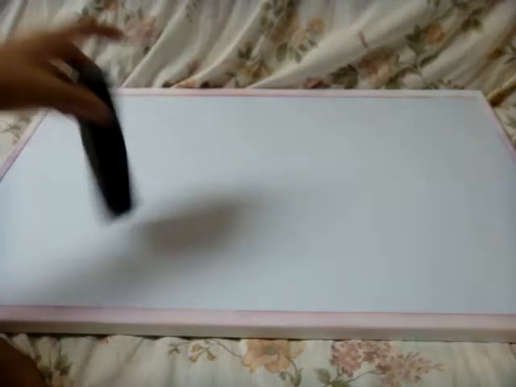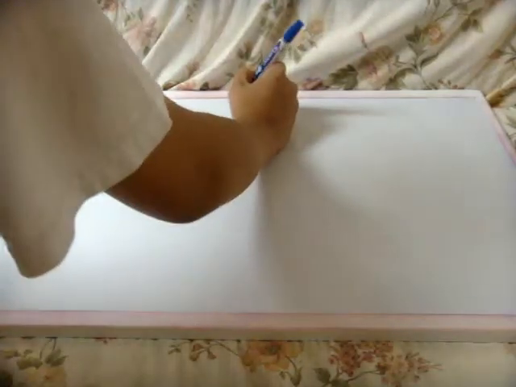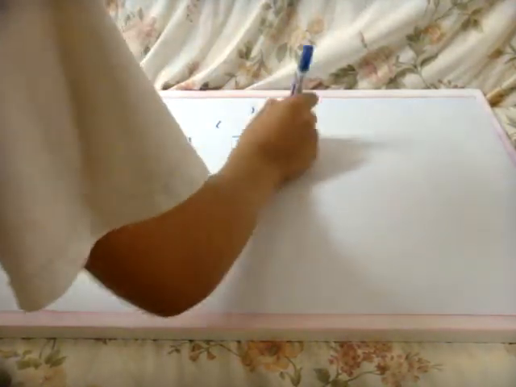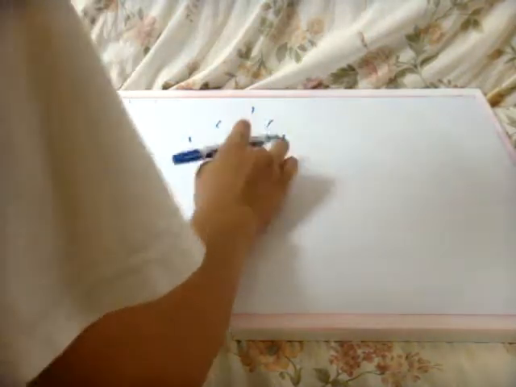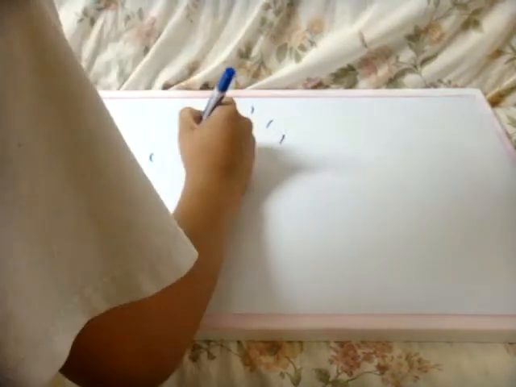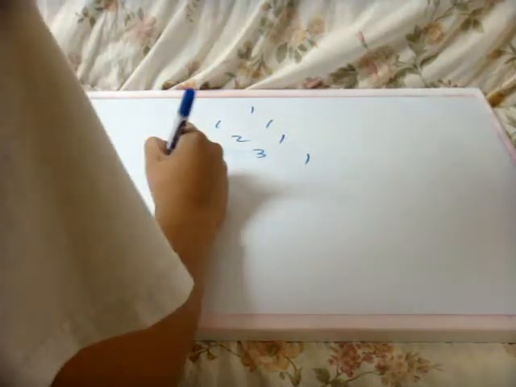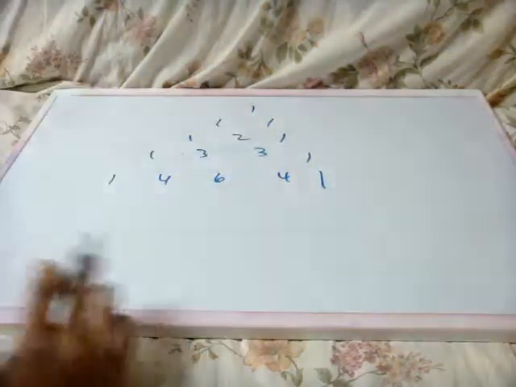There are a lot of cool ways you can do it, and one of the really cool things you can do with Pascal's triangle is find powers of 2. I'll stop right here.